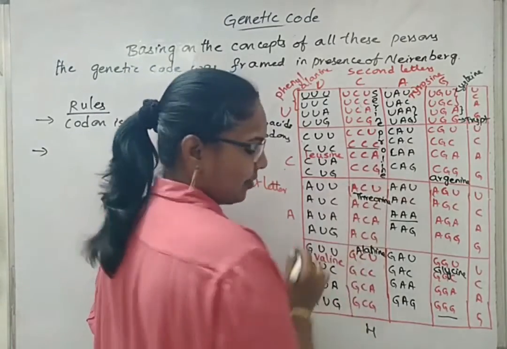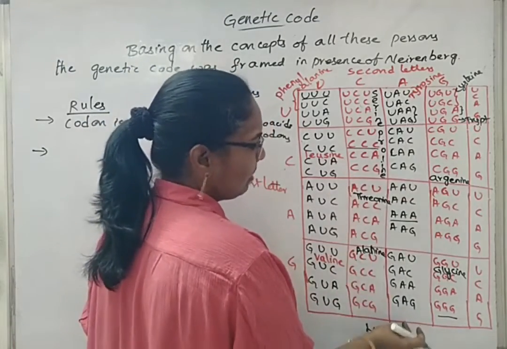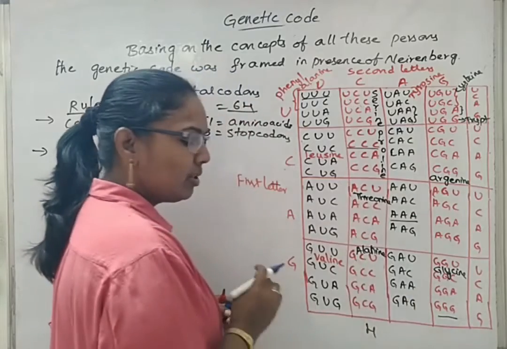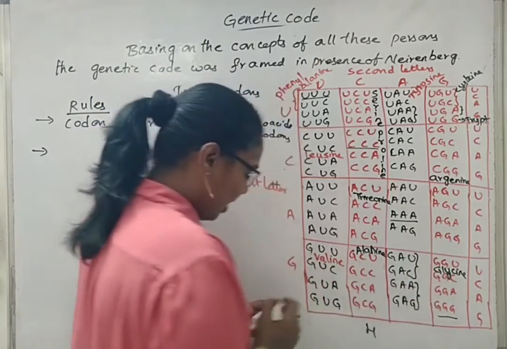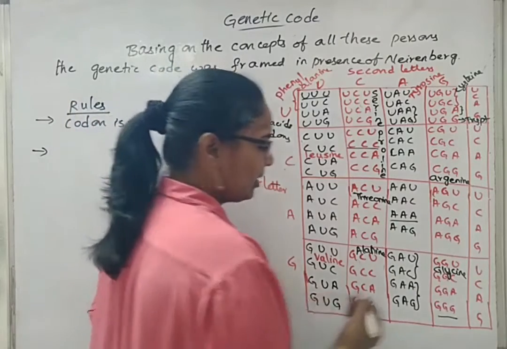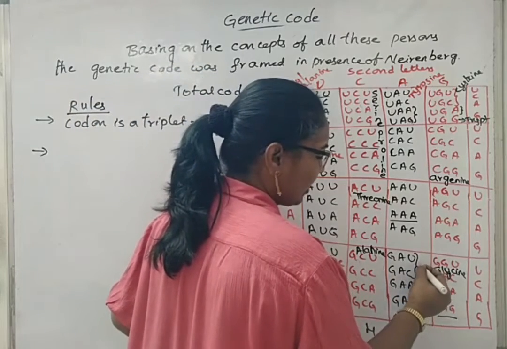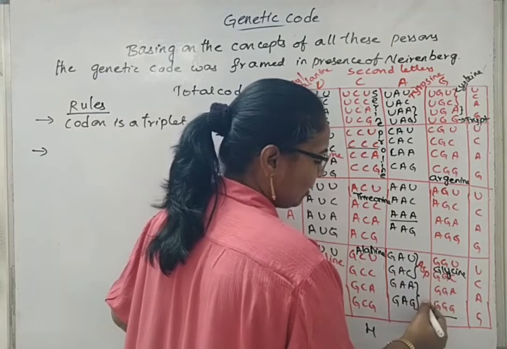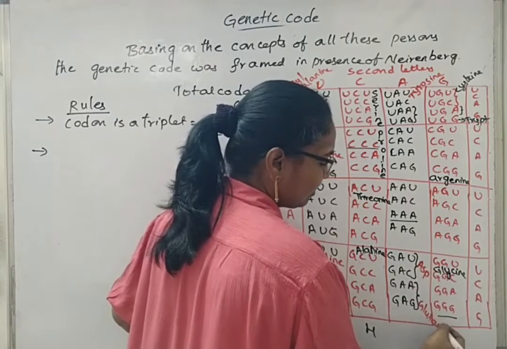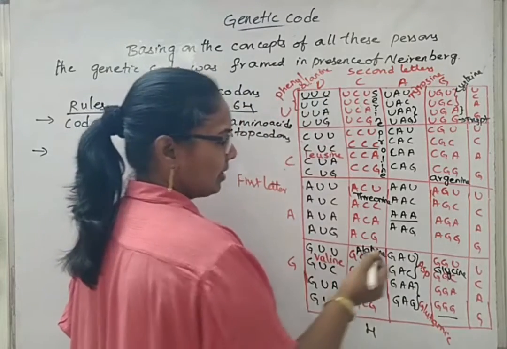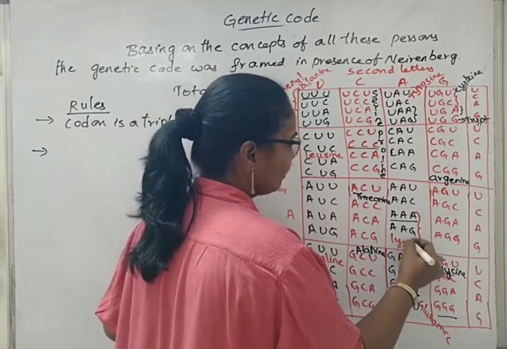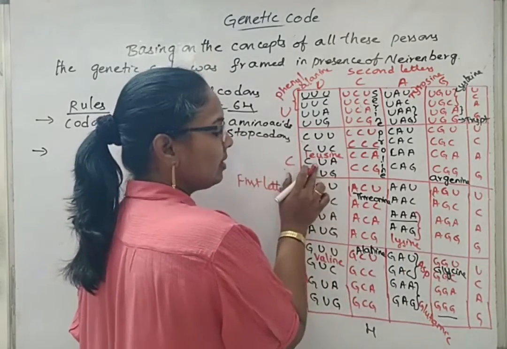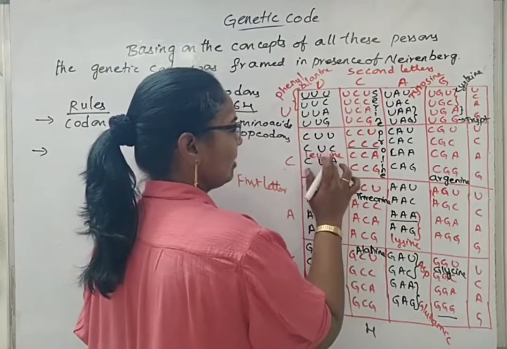What are these coding for? In the third row, these four are coding two types of amino acids. These bottom two are coding for acidic amino acids, that is aspartic acid and glutamic acid. Now, this is coding for lysine. This is leucine here, but this is lysine.